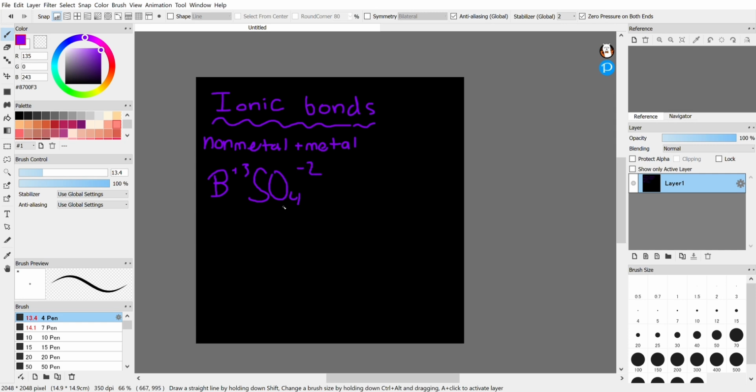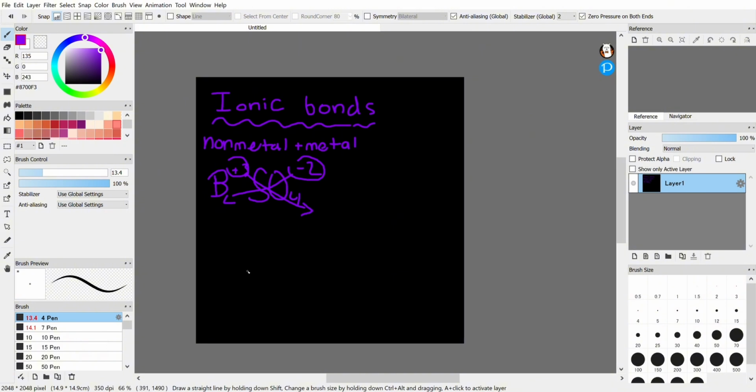Right. So if I were to write out a bond between these two, obviously +3 and -2 do not equal 0. And we need that to equal 0. So again, we're going to do our little swap. We're going to take this, put this down here, take this, put this down here.